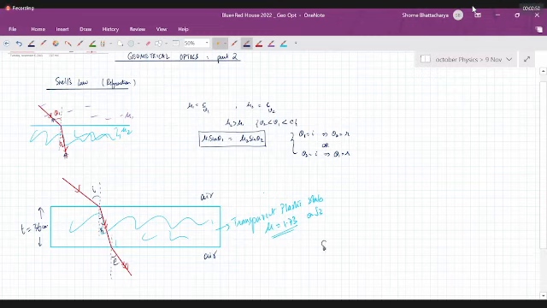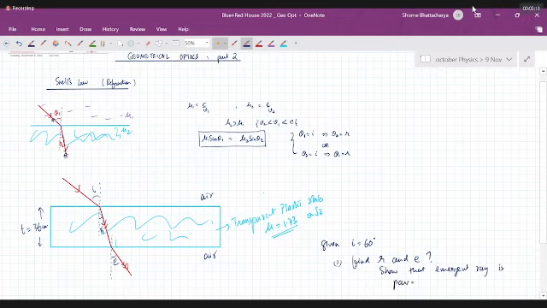So given that the angle of incidence is 60 degrees, first thing is find R and E and show that the emergent ray is parallel to the incident ray.